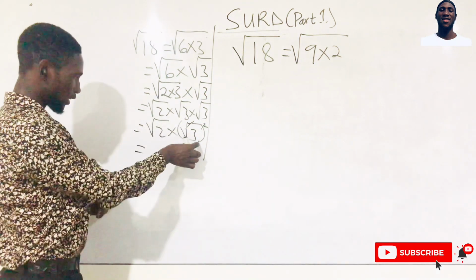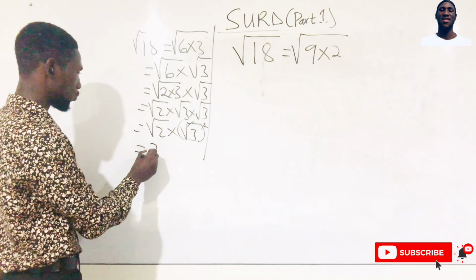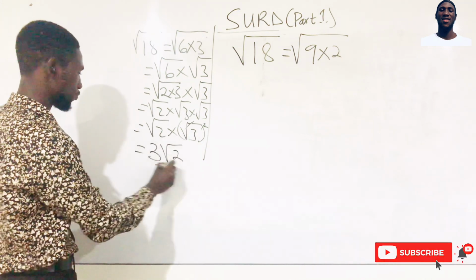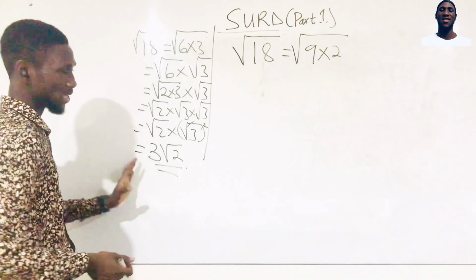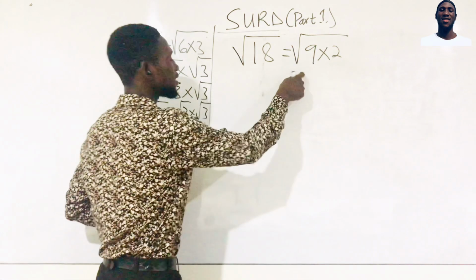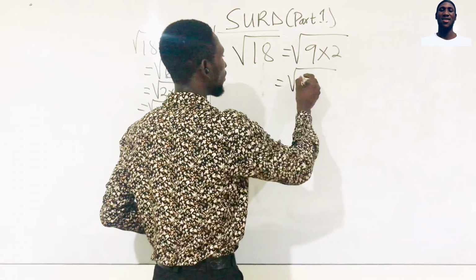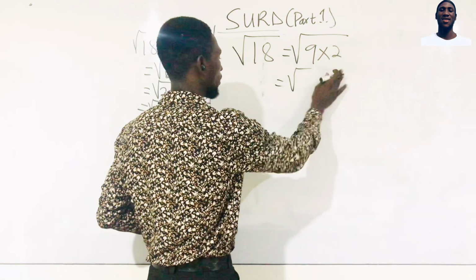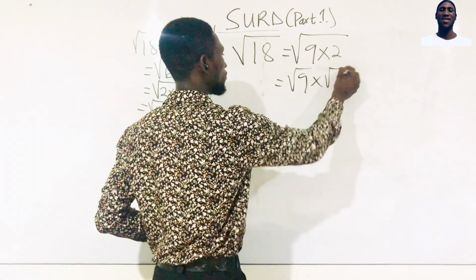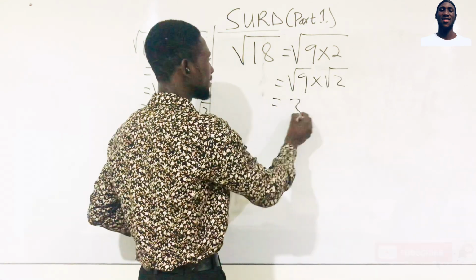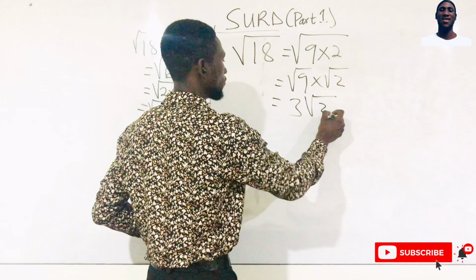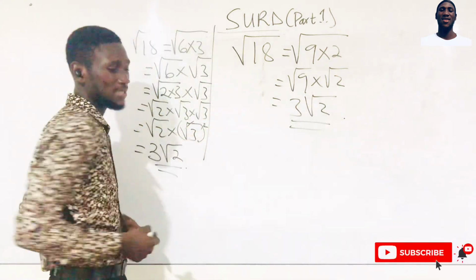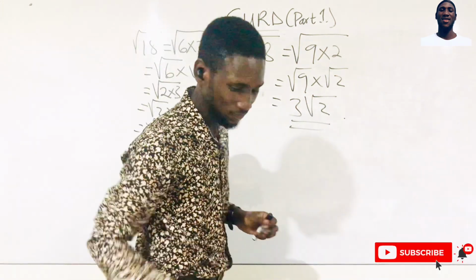You'll be left with 3 times root of 2, giving you 3 root 2. You see the process we had to go through. In using this, you realize you have root of 9 by root 2. You know root of 9 is 3, so you arrive at the same answer.